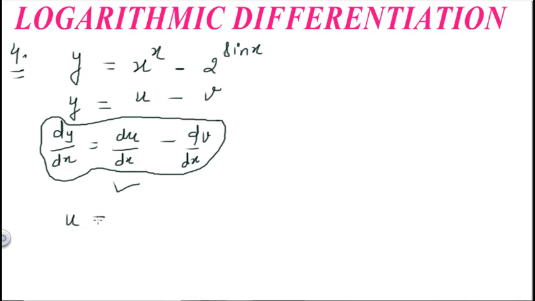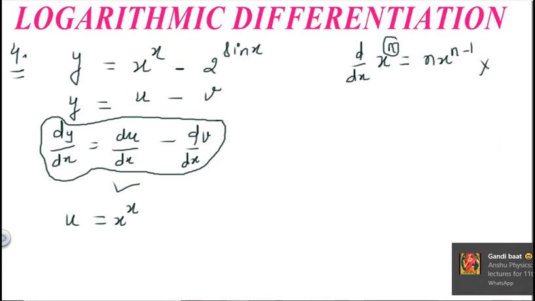What is u equal to? x to the power x. You see, it is variable to the power variable. So we can't apply this identity as we were doing for the differentiation of x to the power n, which is n into x to the power n minus 1. Here n was a constant number. But here this can't be a constant number, right? So we can't use the formula.